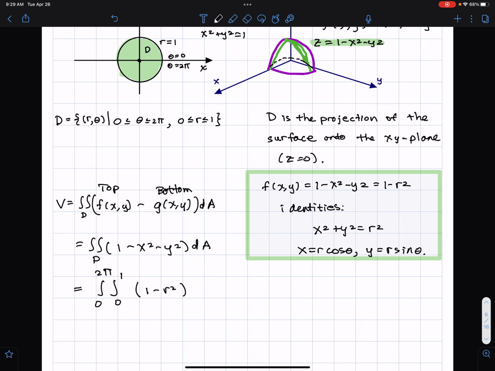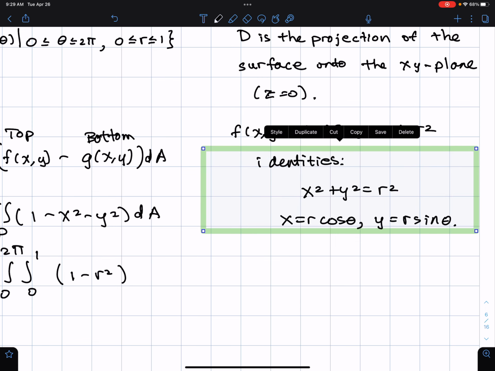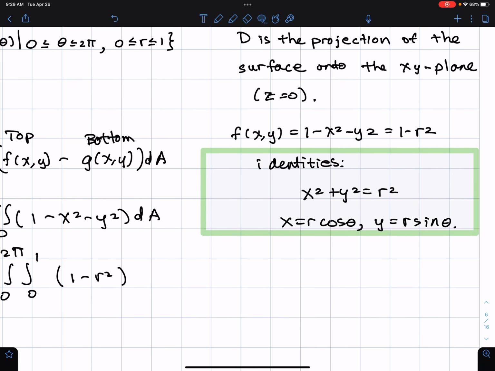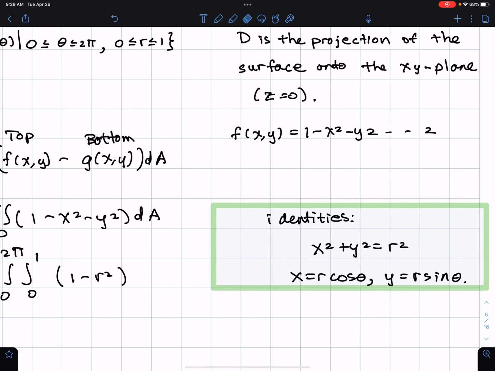Oh, yeah, that's true, I factored out a negative. Okay, first of all, this is my box for the identities. So yes, I factored out a negative. Let me do more work here. This is 1 minus the quantity x squared plus y squared, so this is 1 minus r squared.